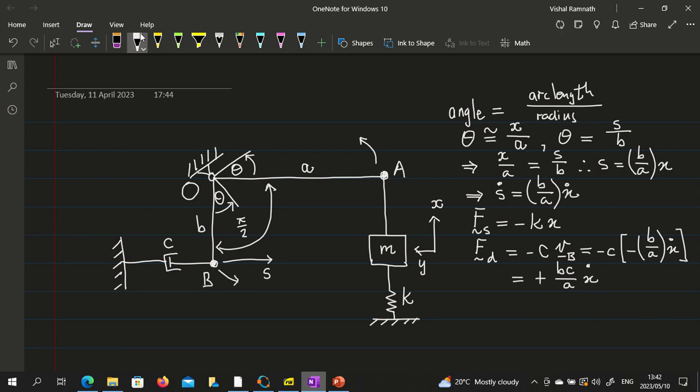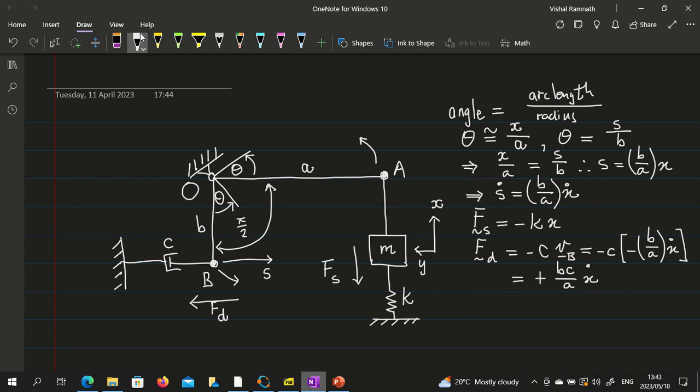In other words, that means the damping force is in this direction and spring force is in that direction.